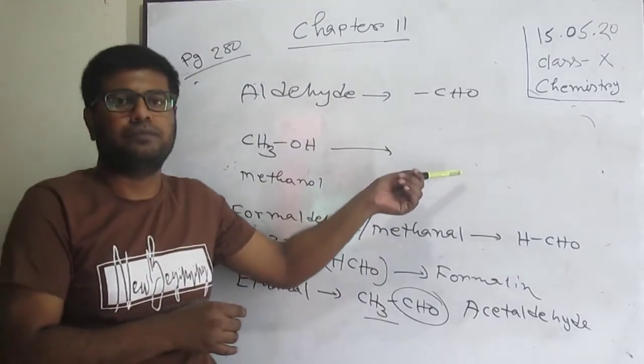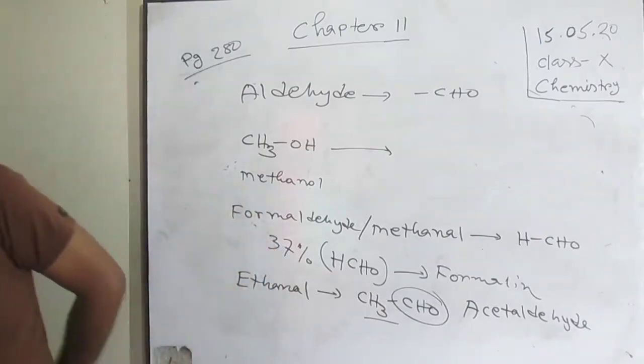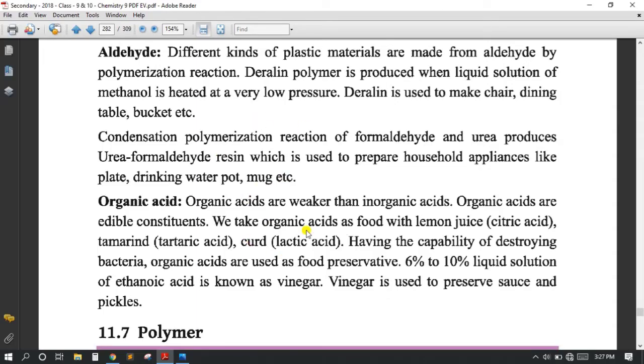And you should memorize the formula of darling also. Okay. Now I am going to explain organic acid. Organic acids are weaker than inorganic acids. Inorganic acid means acid which is made without carbon. That is hydrochloric acid, sulfuric acid, nitric acid.